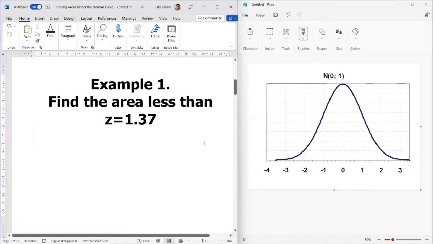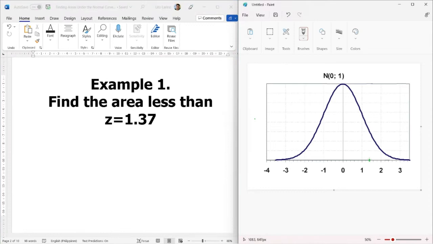Let us have our first example. Find the area less than the z-score 1.37. This is our standard normal curve, and the z-score for example number 1 is 1.37. Let us locate it. Let us say that the z-score is located here. It's 1.37.